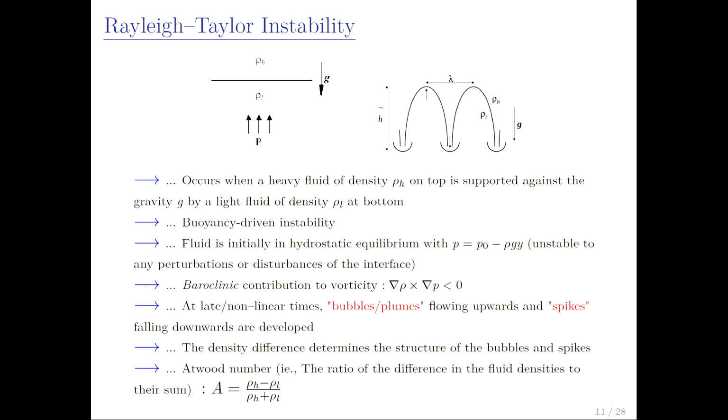You said you do variable density. Why do you assume constant density in the pressure? You said P is equal to P0 minus rho g y. This is only when you have incompressible flow. If it is not constant density, it will not be rho g y.